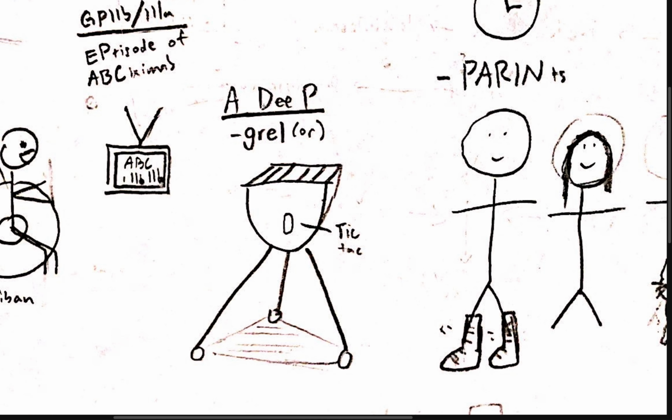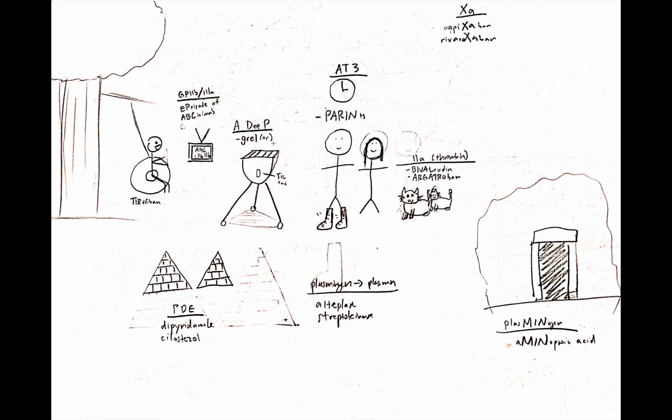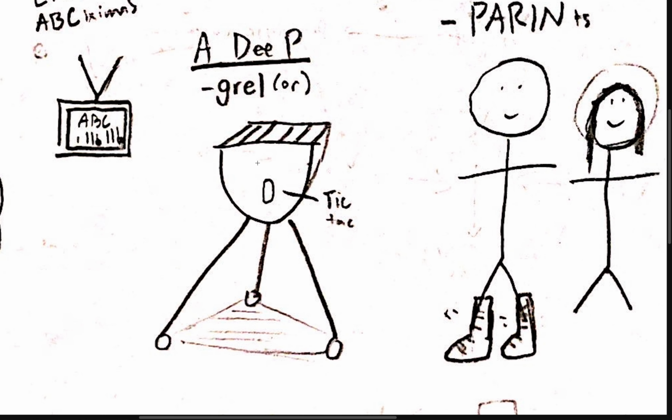A deep grill. You see this scene is happening outdoors at a picnic, and there's all these different things happening here. So we'll start here. A deep grill helps you remember ADP. The drugs that end with grel are inhibiting the ADP receptor.